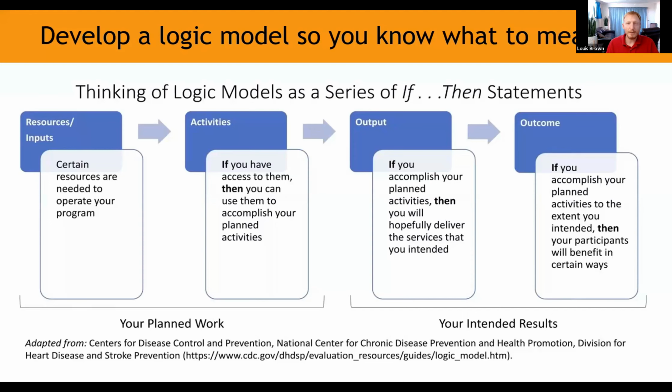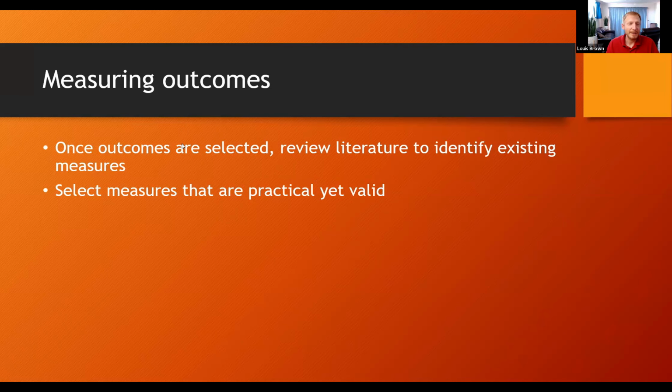I would encourage you to think through the logic model, think through your outcomes, hopefully it'll make good sense to everyone involved. And from there, you have to pick measures. So you have your short-term and long-term outcomes identified, and you want to select measures that are practical, but also hopefully have some established validity.